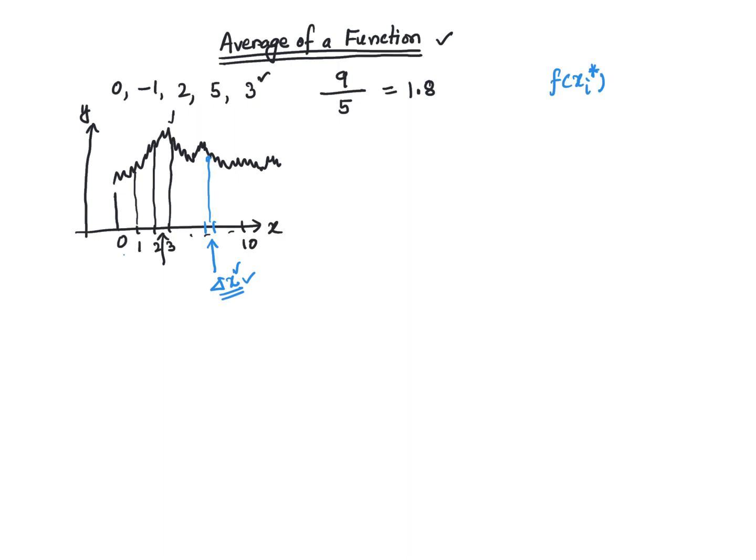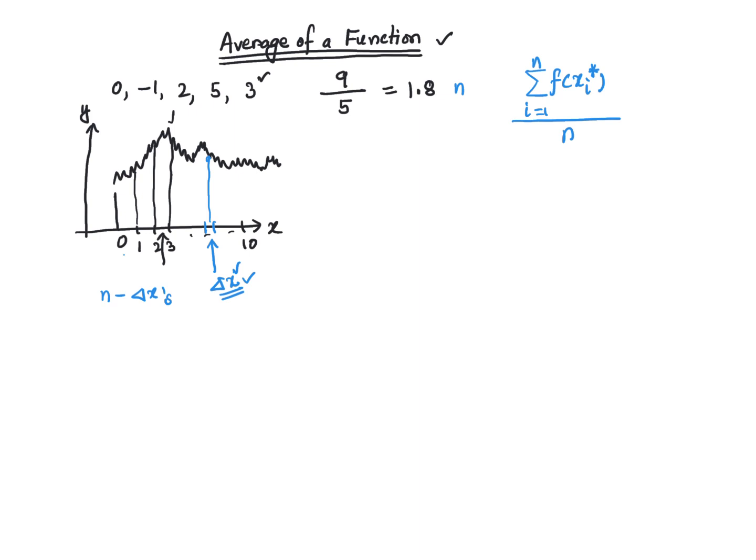Now, how many such subintervals do I have? Let's say we have n of them. To find the average, I'm going to add all of these, from i equals 1 to n, f of x sub i star. I have n intervals, n delta x's, so I have to divide by n.